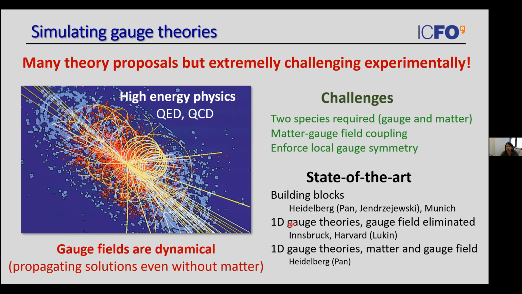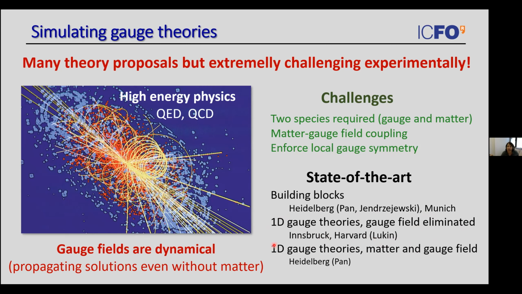And there, for example, you can use a trick, which is to use the local symmetry constraint of your theory, your Gauss law, to eliminate the gauge field in terms of the matter field. So then you get a theory for matter alone, but this comes at a price of having more complicated interactions. And this is what has been done, for example, with trapped ions or with Rydberg atoms.